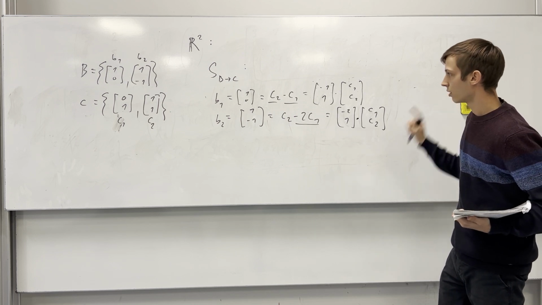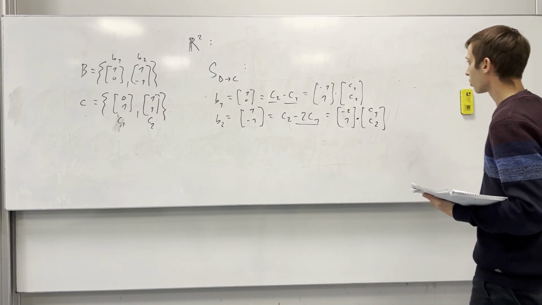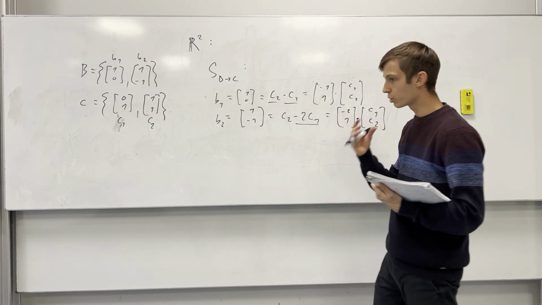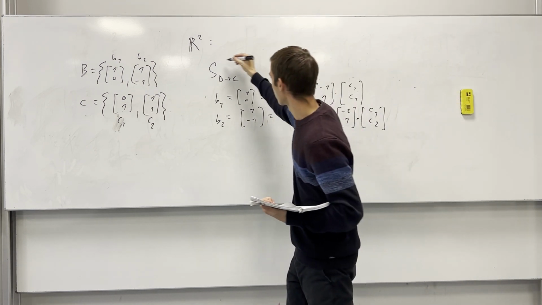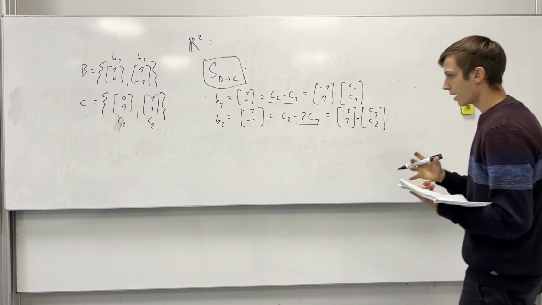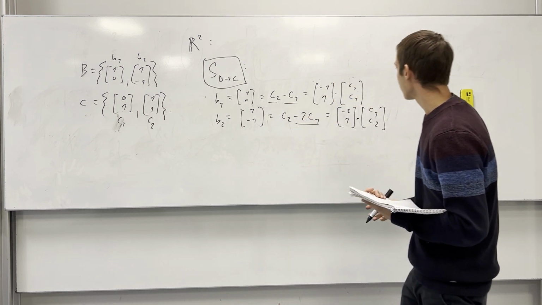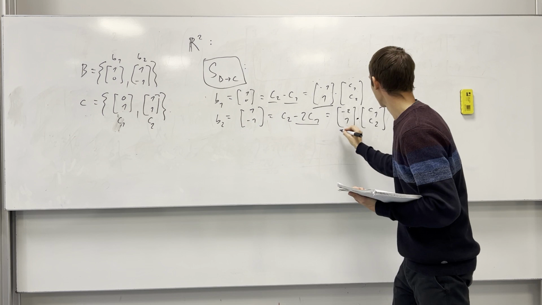And so how does this work? Well, we actually got to the very result at this point, because all we have to do to get the change of basis that we were talking about earlier, this matrix from B to C, is to take these two things.